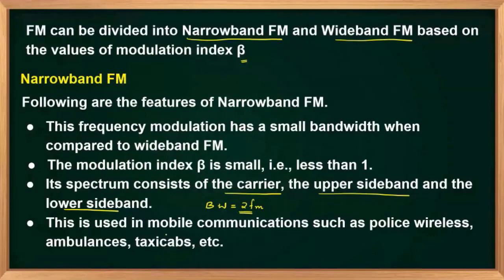Therefore, in this type of mobile communication system, narrowband FM is used. I think it is clear. Beta less than 1 is the property. The bandwidth of narrowband FM is 2 FM. Applications are mobile applications such as police wireless, ambulance, taxi cab, etc.